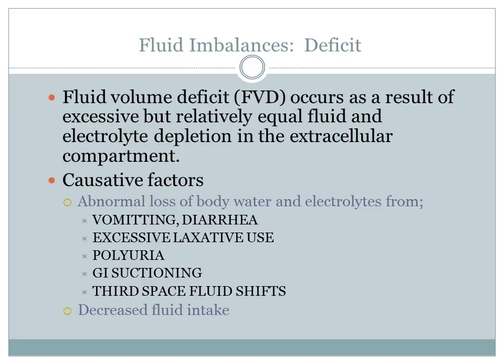In the labs, we will probably see an elevated hematocrit and an increased BUN. We treat this by correcting the cause of the deficit and returning the extracellular fluid to a more normal level.